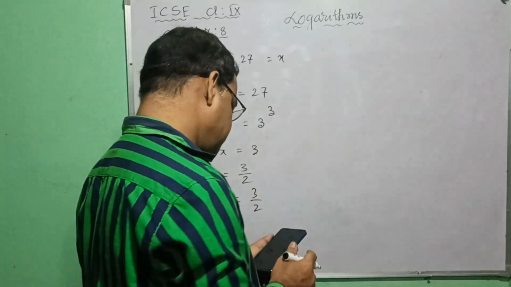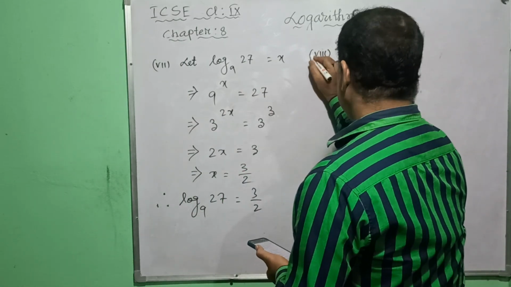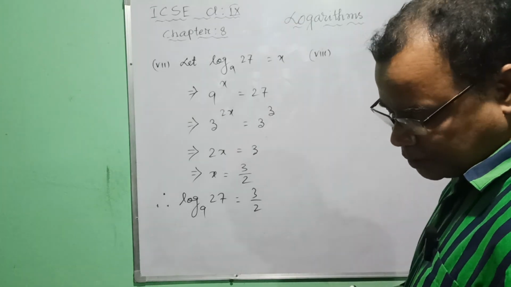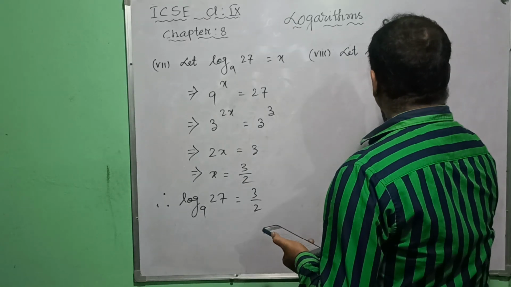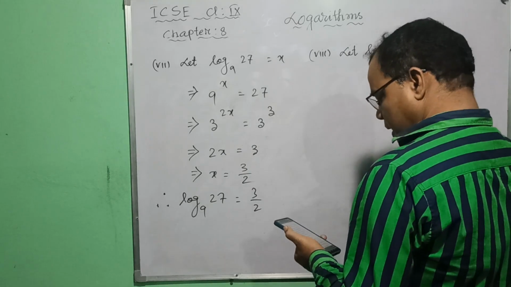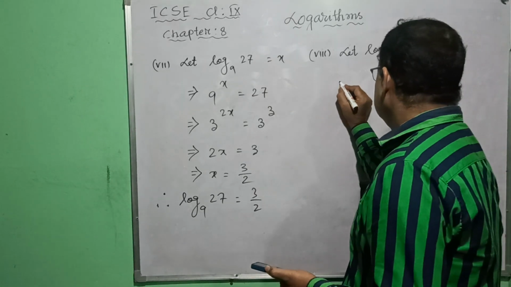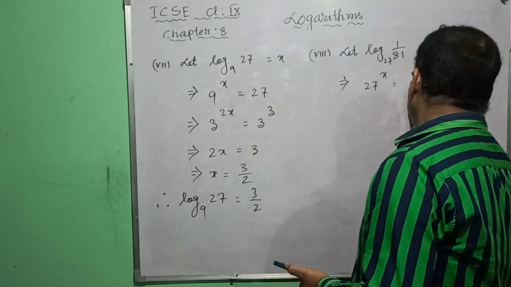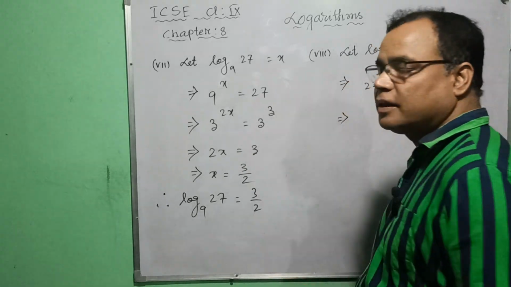One more question, number 8. It is given log 1 by 81 to the base 27. So we'll write, let log 1 by 81 at base 27 equal to x. This implies 27 to the power x equal to 1 by 81. This implies 27 we can write as 3 cube.